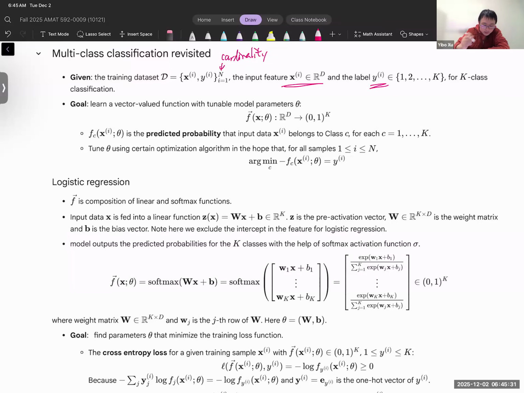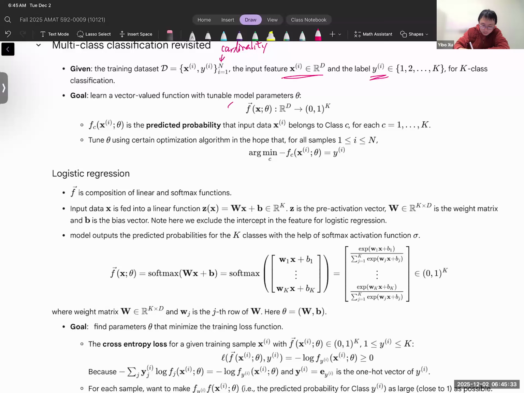And the goal here is that we want to get a model f, a sort of vector function with x and theta as the inputs. So x is any feature, combined with the model parameter theta, and you will be able to calculate a vector between 0 and 1, sort of like a distribution. So the model parameter is theta.